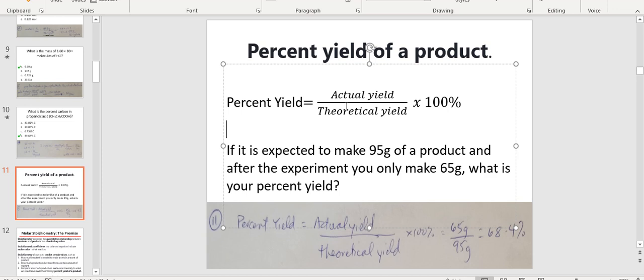And after the experiment, you realize you only made 65 grams. What is your percentage yield? Well, plug and play. 65 grams divided by 95 grams, which is your actual divided by your theoretical, multiplied by 100, 68.4. So your percentage yield was only 68.4%.